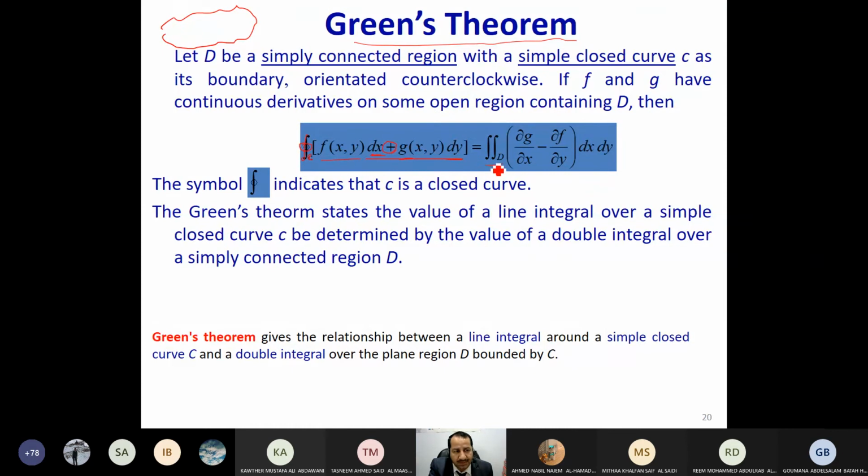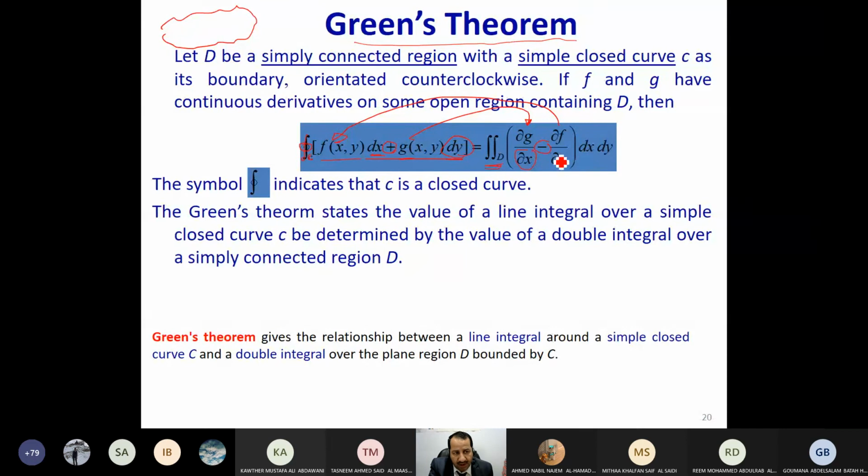By using what we call a double integral. It means integrate twice. Have a look. Partial g over partial x: we take the second function, the function of dy, and differentiate it partially with respect to x, minus partial f over partial y. We take the first function.